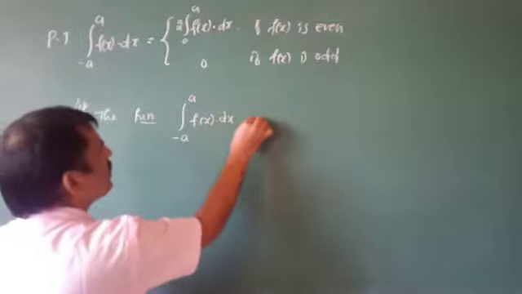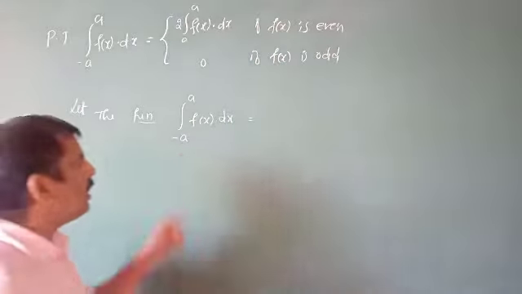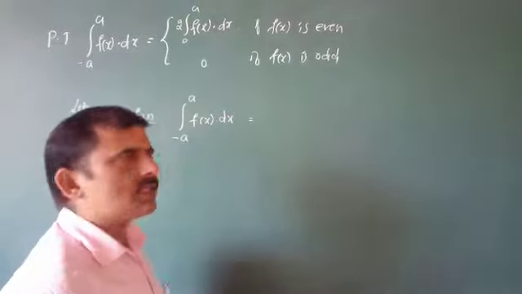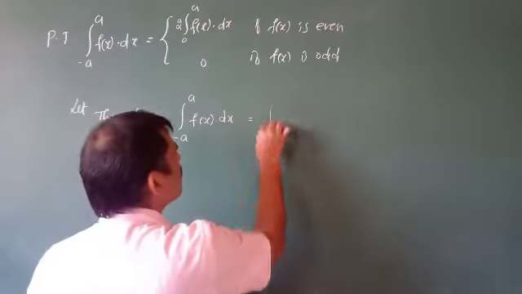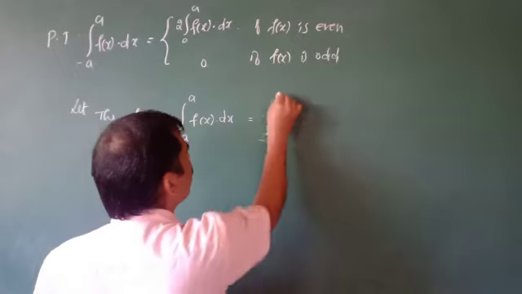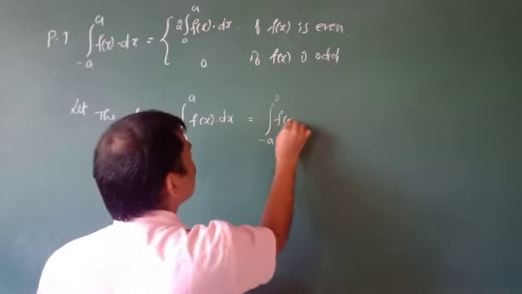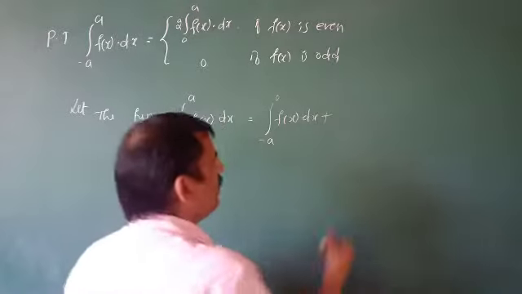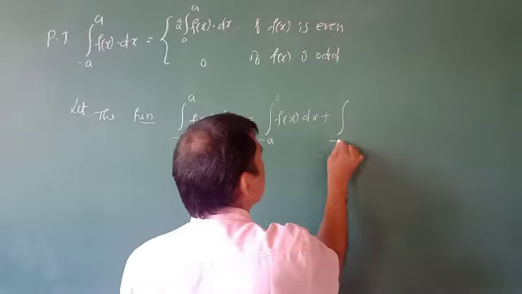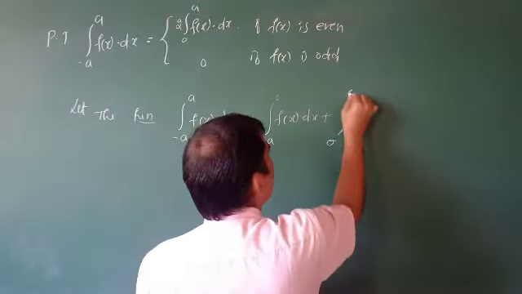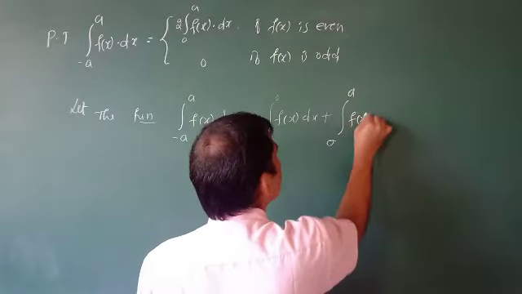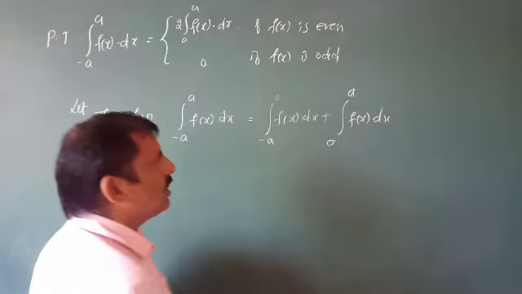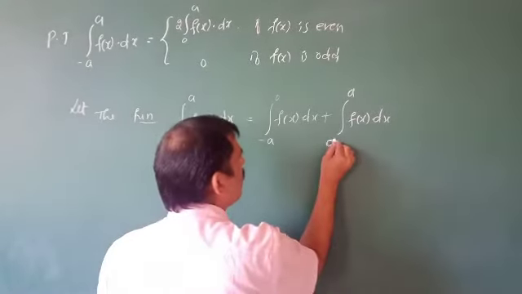This is also written as the integral from minus a to 0 of f of x with respect to x, plus the integral from 0 to a of f of x with respect to x. Understood? So this is the third property.